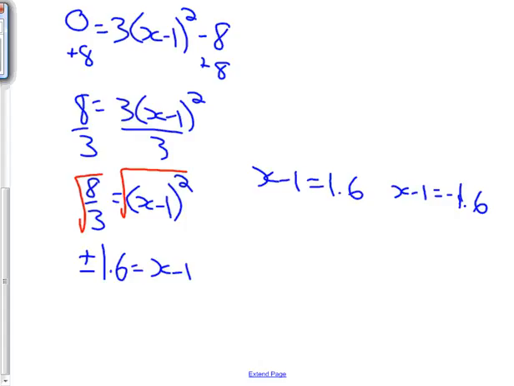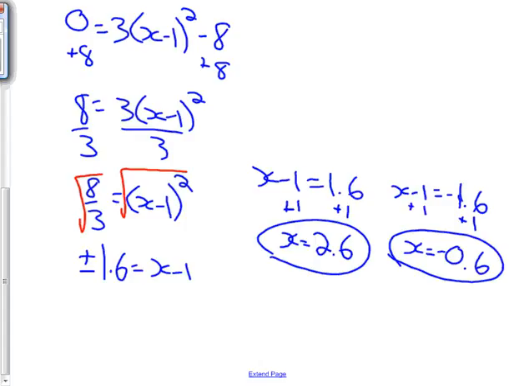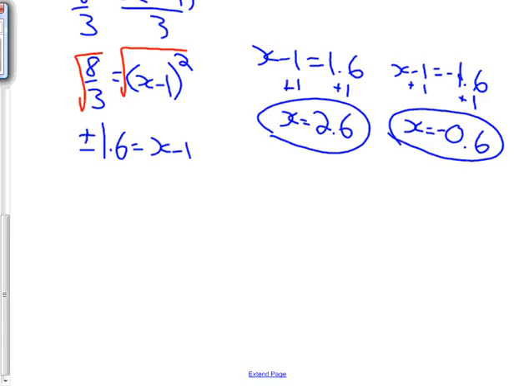And what do I get for my x-intercept? What's our y-intercept? What do I do for this?